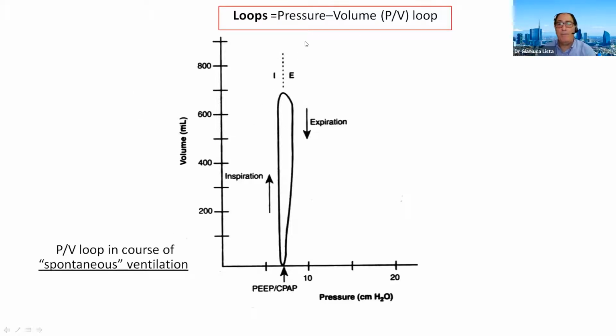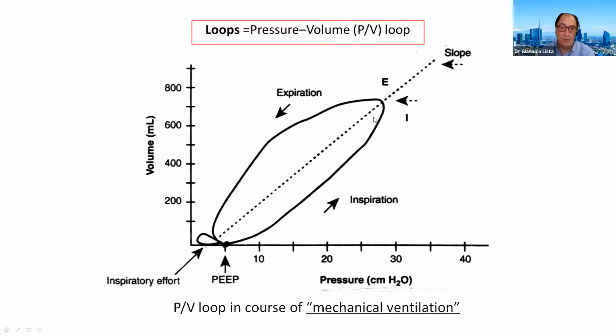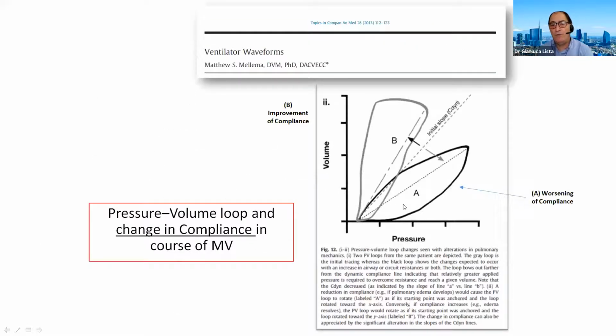These are loops. This is a pressure volume loop during spontaneous ventilation. And this is a pressure volume loop during mechanical ventilation. It's very, very different from the previous one. The pressure volume loop can help the neonatologist to understand the presence of changes in compliance.